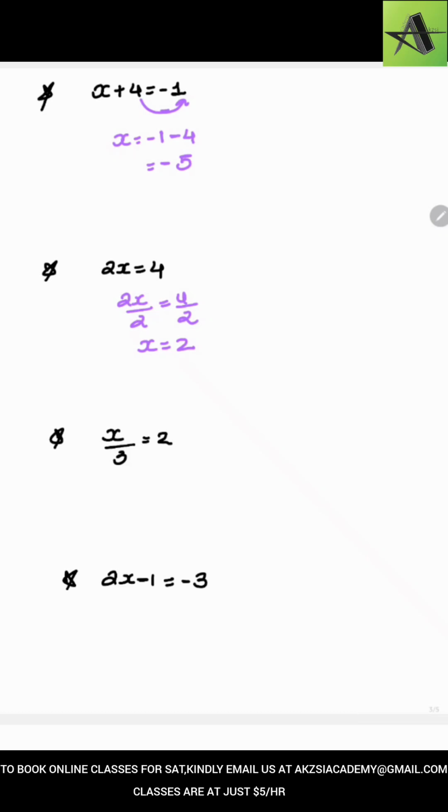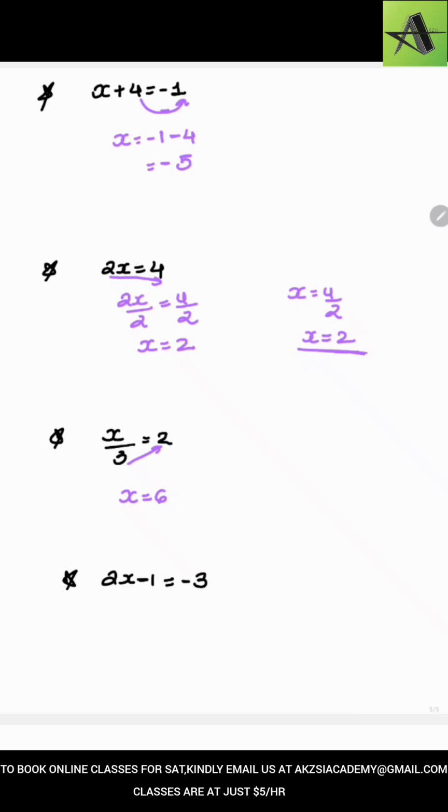Or a cross multiplication where directly it will go down there. That means x equals 4 over 2, which is 2. The next one is the reverse operation. 3 is in division, so let me multiply 3 to both the sides. Or cross multiplying, I will get x equals 6.